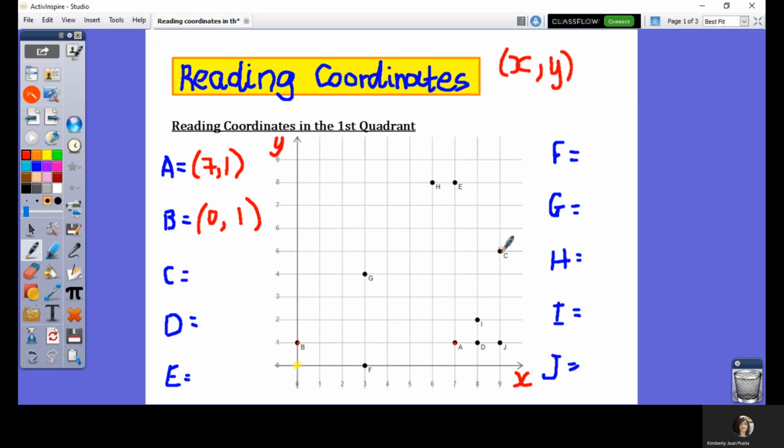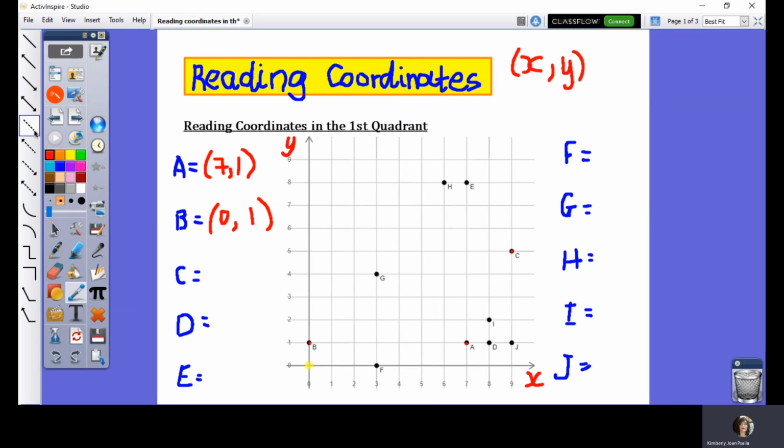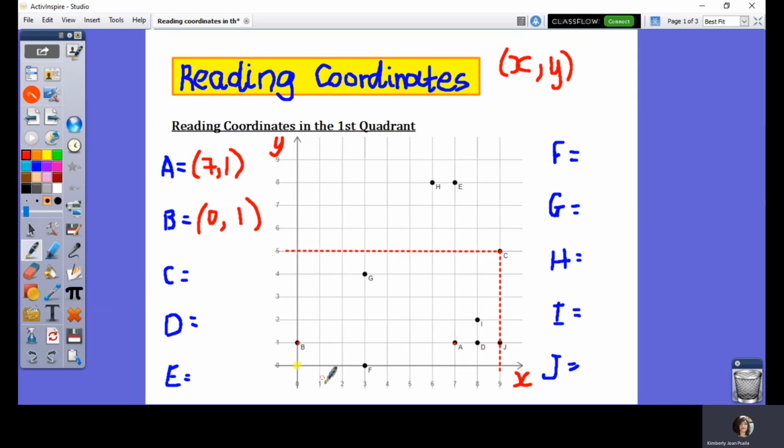Now let us find the location of C. C is here. You can always draw a dotted line to help you out, for example something like this. If you don't want to count the boxes, you can draw two dotted lines coming out from C, one touching the x-axis and one touching the y-axis. As you can see, it is made much simpler to read the coordinate.